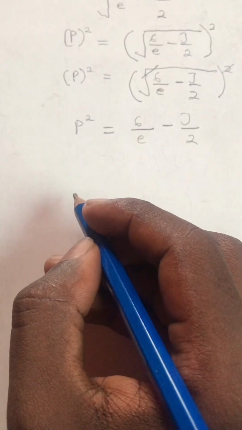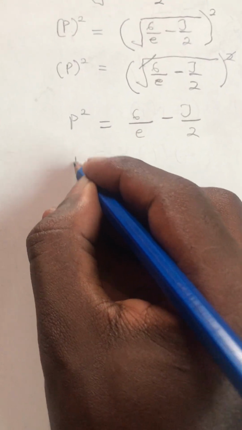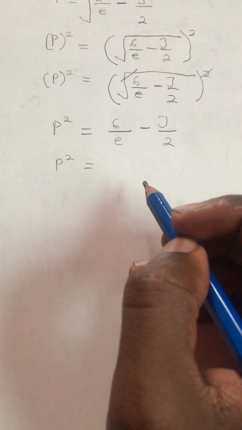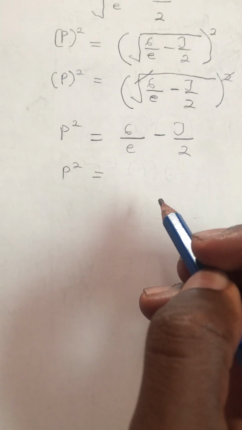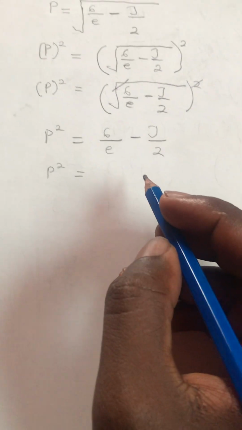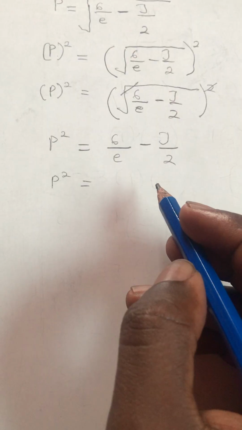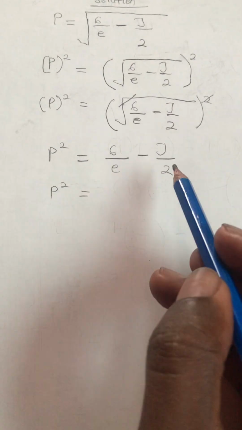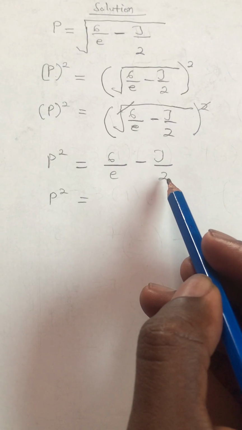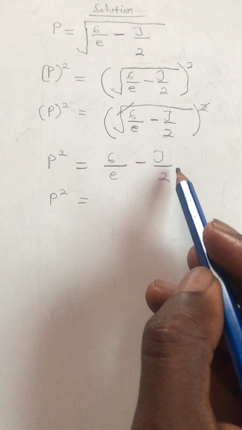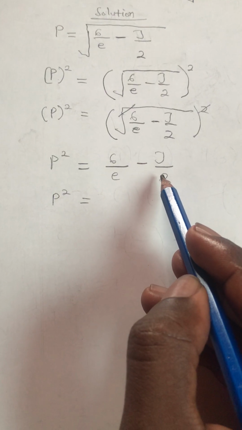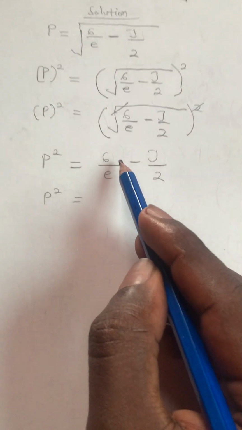So let's simplify further. P squared equals, and this is a fraction, and in subtracting fractions you have to find the LCM. We can do this by multiplying the denominator on the right hand side of the equation with the numerator on the left hand side.